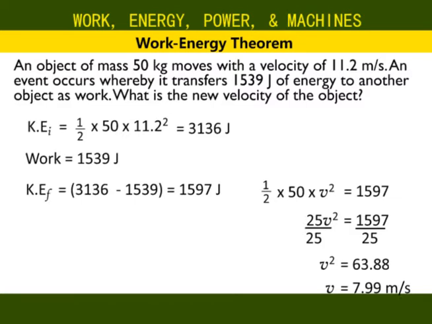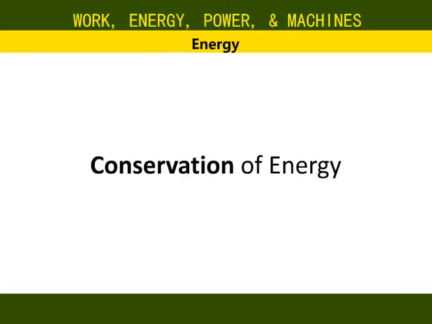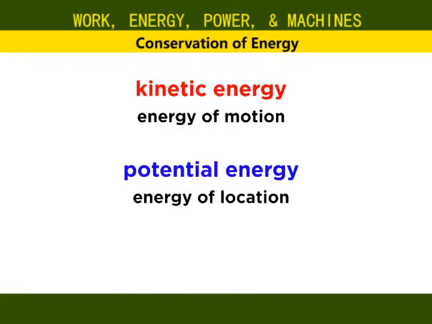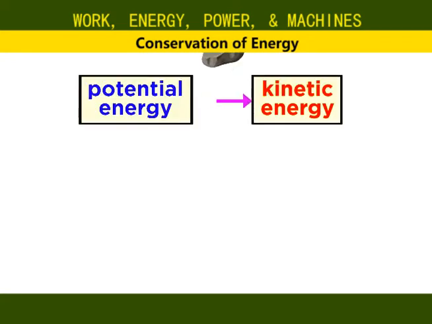Next, conservation of energy. We now know about kinetic energy and potential energy, and we know that these quantities can be altered as an object moves, like the way potential energy is converted to kinetic energy when a body experiences free fall towards the ground.